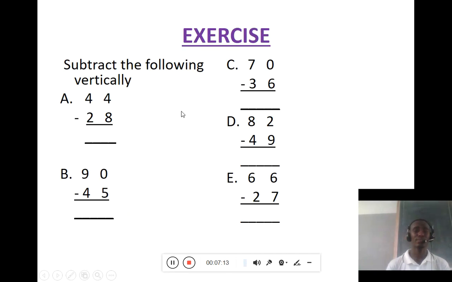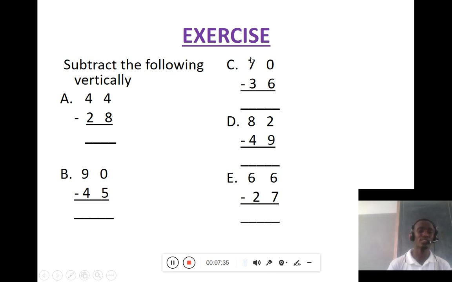If you understand that, let us do this exercise here, and our exercise is to subtract the following vertically. Our first question is 44 minus 28. Our second one is 90 minus 45.